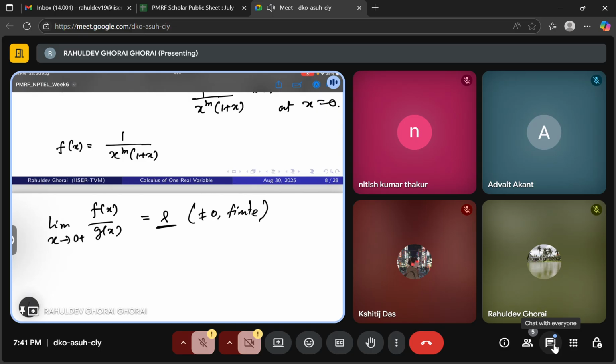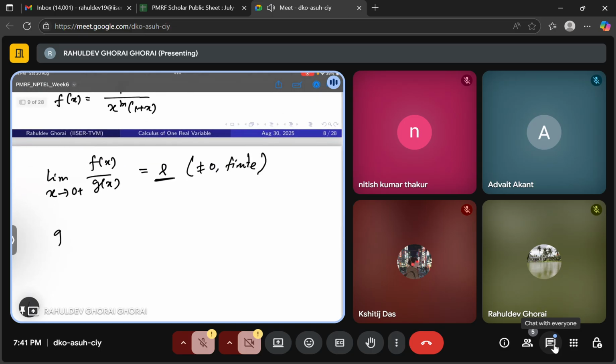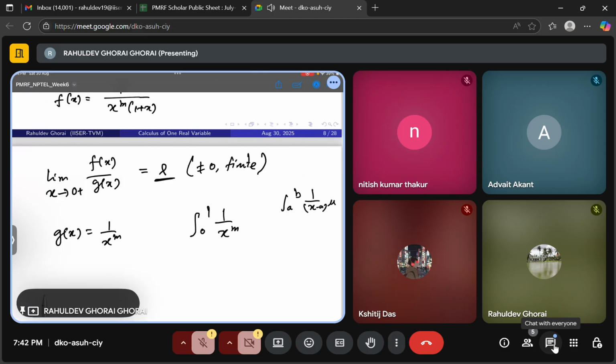So what is that? Let's say g(x) is equal to 1 by x to the power m. Do we know about this function? So the integral from 0 to 1 of 1 by x to the power m, we have already seen, right? Because we have seen the integral from a to b of 1 by (x minus a) to the power mu, right? So that's the same thing here.